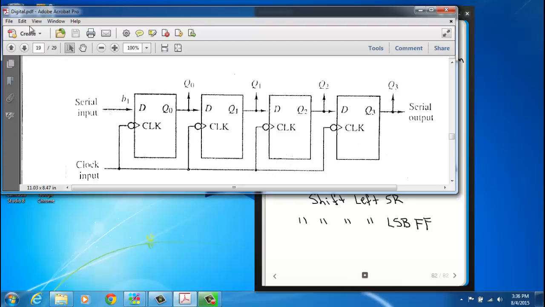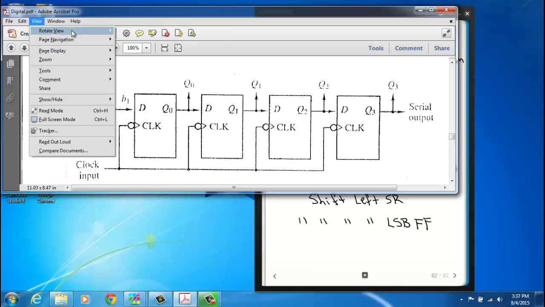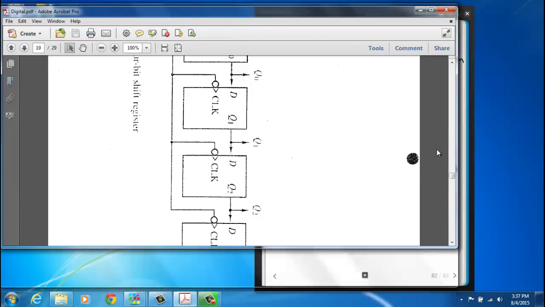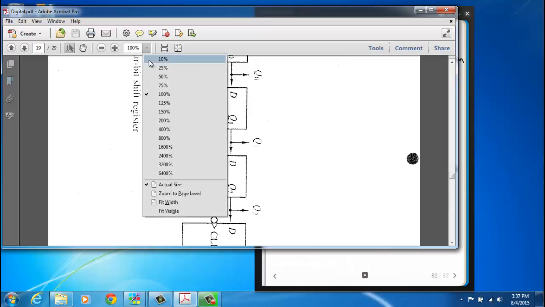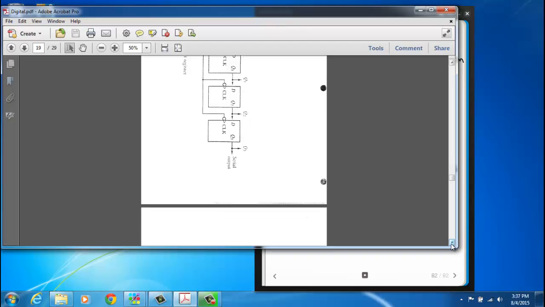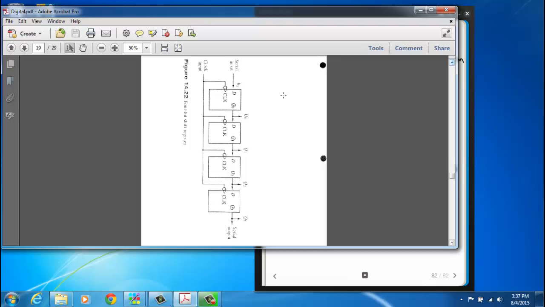So if this diagram were to be rotated, and the diagram is now vertical like this, as long as this flip-flop is our most significant flip-flop where the serial input is, this is still shift right. You would not call this a shift down shift register.